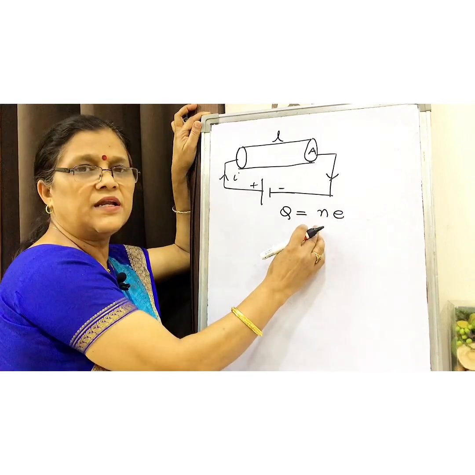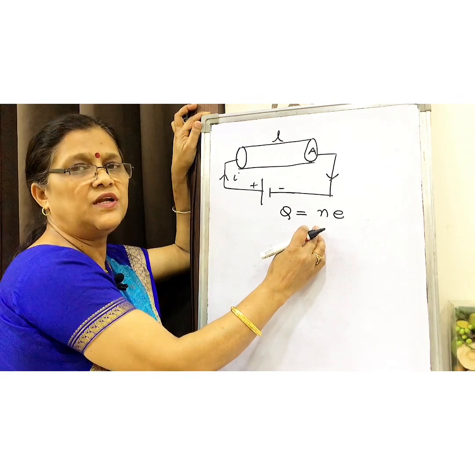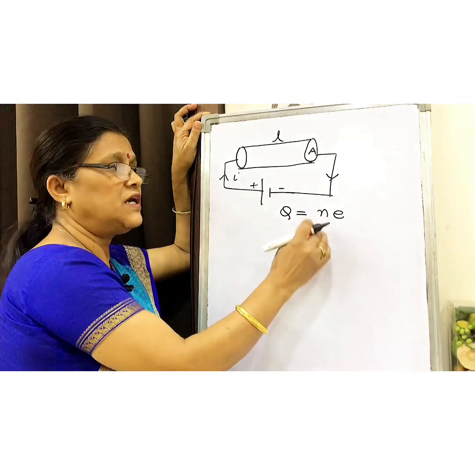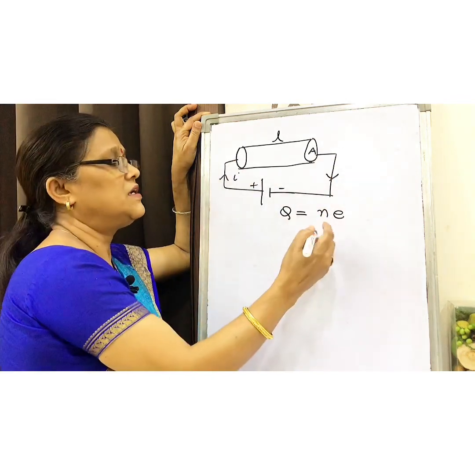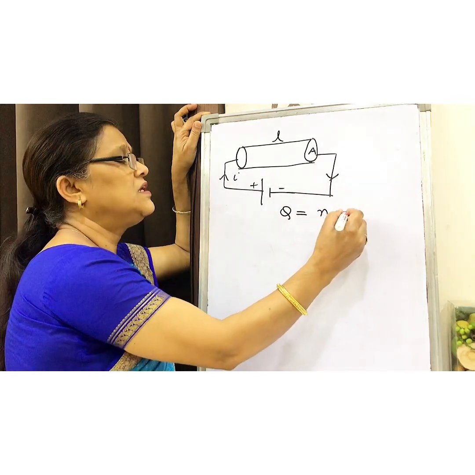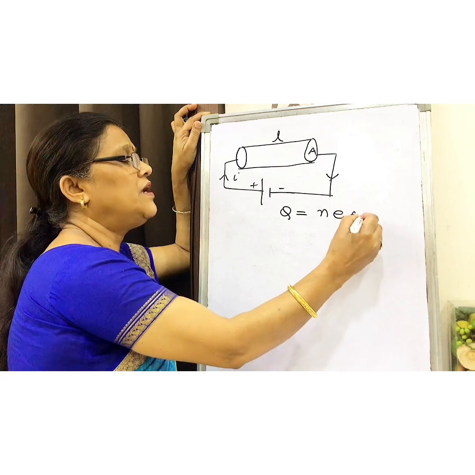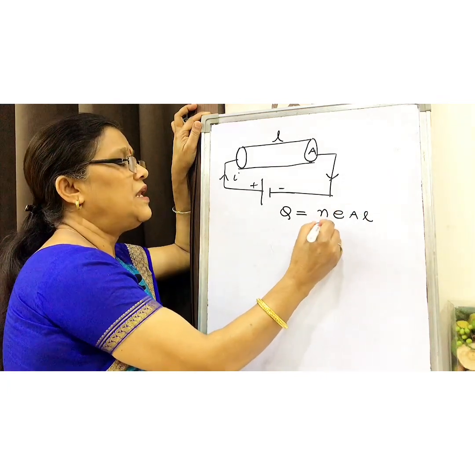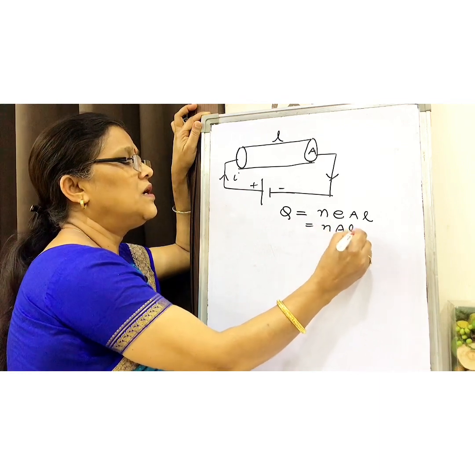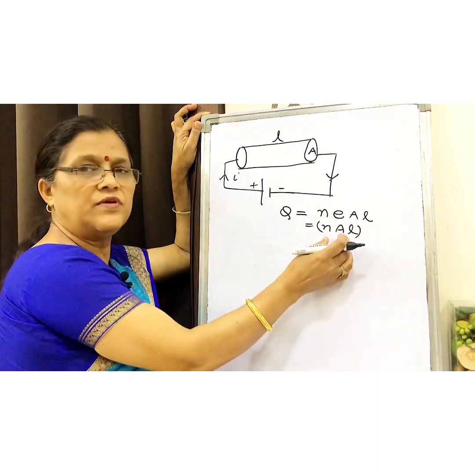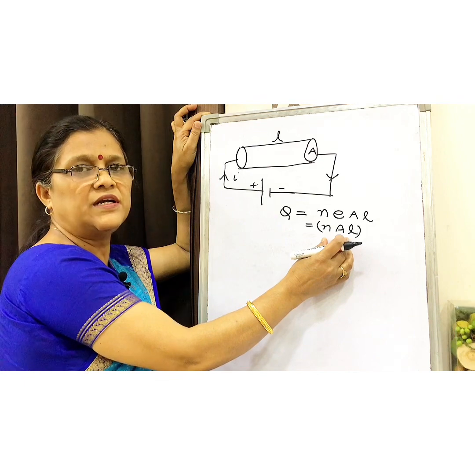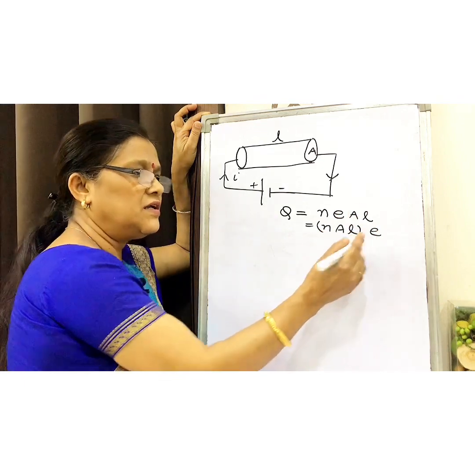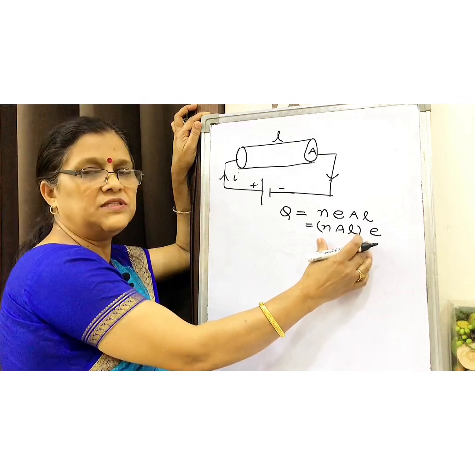But what is N? The number of free electrons per unit volume. So the net charge flowing through the conductor, how can you write this? Multiply A into length, so NAL will be the net number of free electrons flowing through the conductor, and free electron number into the electronic charge e is the total charge flowing.